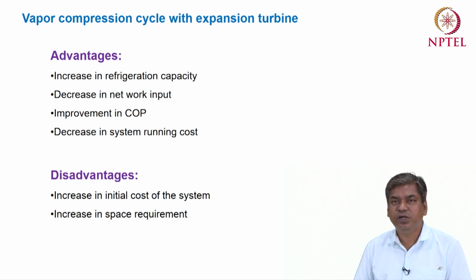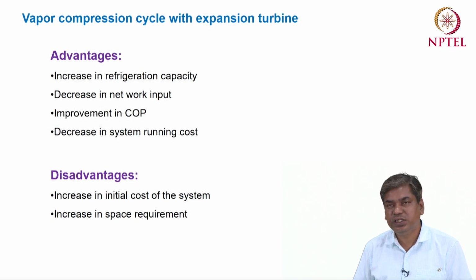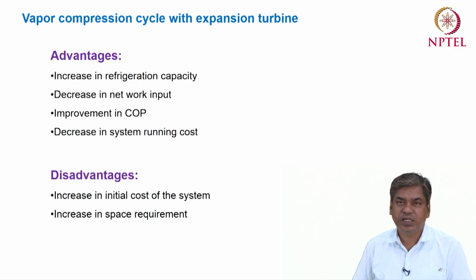As I have already said, the COP increase means the decrease of running cost. That means for the same cooling capacity, the compressor work required will be less in case of higher COP. So if the COP increases by using the expansion turbine, the running cost of the system for a given cooling capacity will decrease.